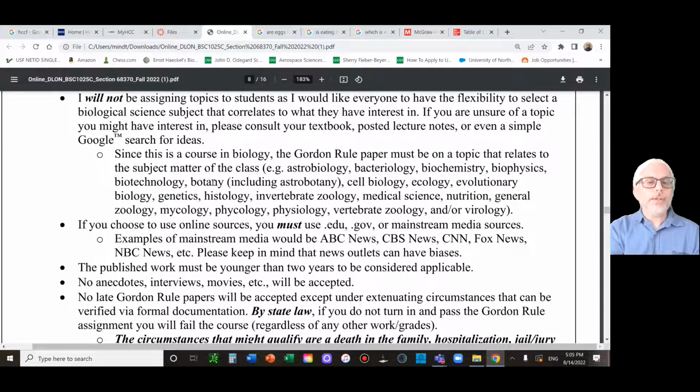Now, I gave you general ideas. As long as it relates to nutrition and drugs, you could pick astrobiology, bacteriology, biochemistry, biophysics, biotech, botany, including astrobotany. That is a real field. And in fact, I'm doing another graduate degree, this new MS PhD track I'm now in, it's space sciences and aerospace science, the combination of the two.